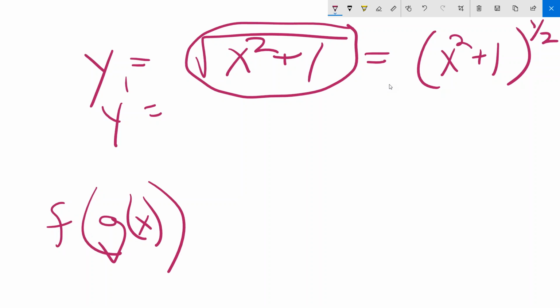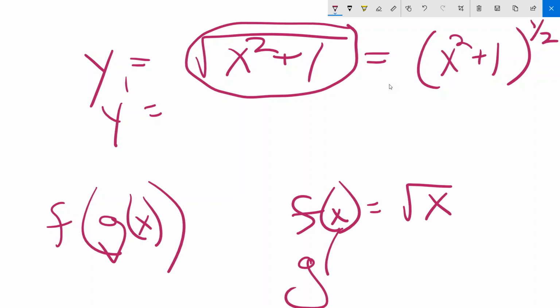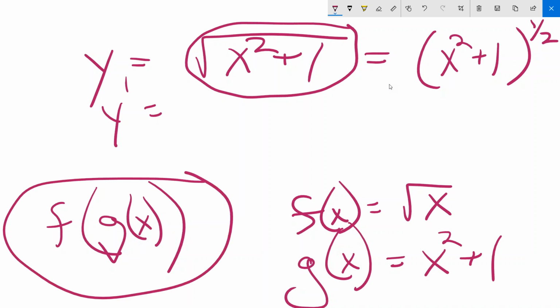That's right. Okay, you have the outside and the inside. f of x would be square root of x, and g of x would be x squared plus 1. So if you were looking at what f of g of x is, it's the square root of x squared plus 1. That's right. Okay, and when you are doing derivatives, you do the derivative of the outside first.